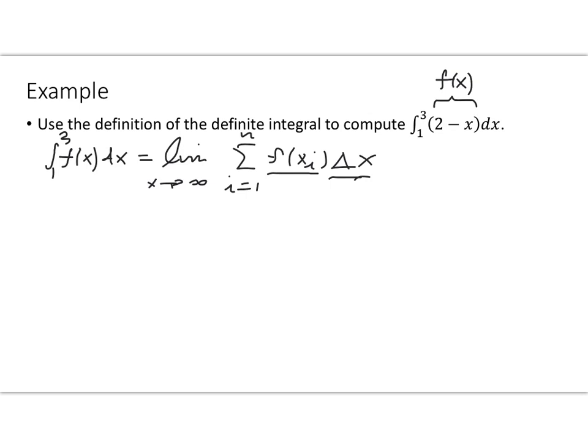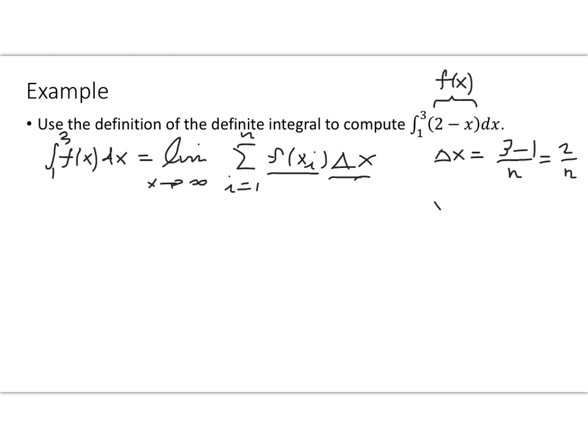Now, in order to turn this into a number, we need to be specific about what delta x is and about what x sub i is. So delta x, remember, is the length of each little sub-interval. And we get that by taking the length of our interval, which is 3 minus 1, and then dividing by the number of rectangles, which is n. So delta x is 2 over n.